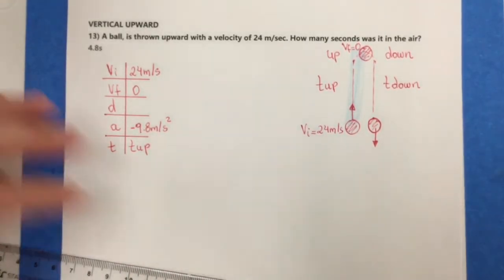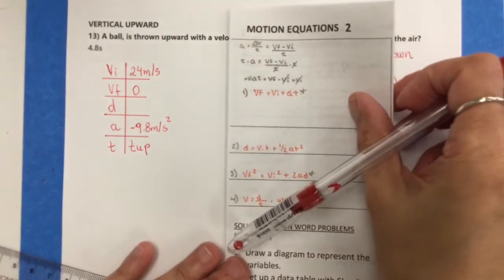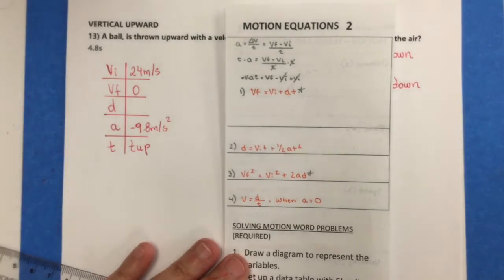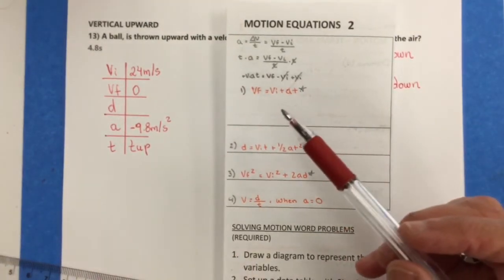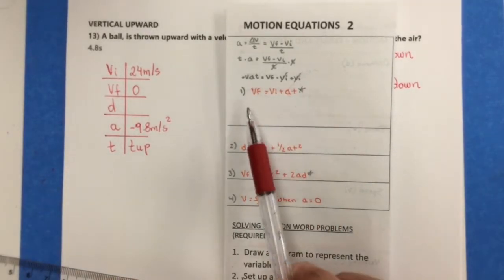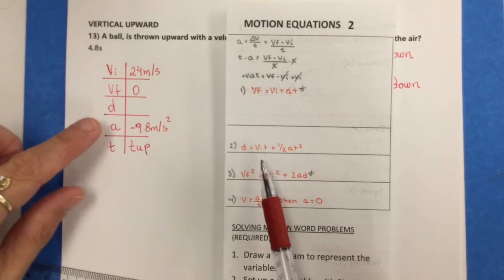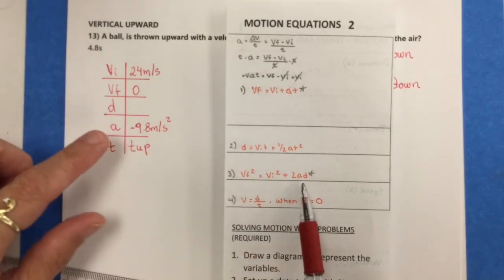Okay, now we have to look at the selection of our equations. The one that will give us the answer with the information that we have looks like the first one. Because in the second one, I don't have a distance. The third one, I don't have a distance.